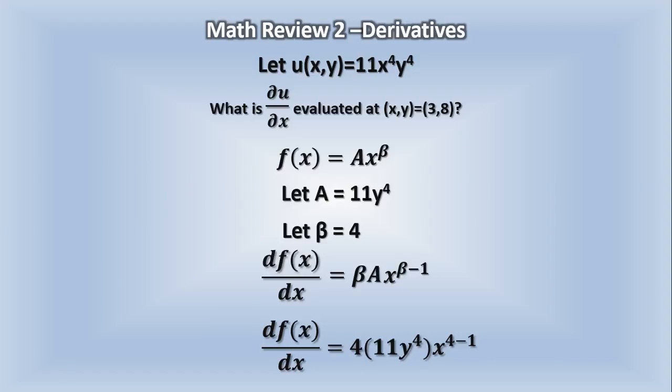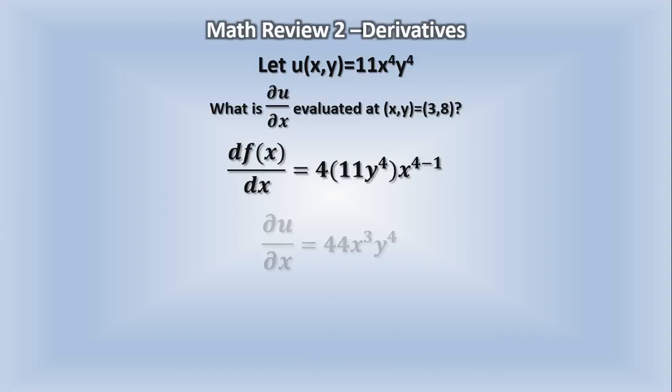So that's the only thing you do when there's an extra variable in there. You just treat it as a constant. So the partial derivative of this with respect to x is going to equal 44 x to the third power y to the fourth power. So here's the partial derivative of our utility function with respect to x. And then this can be evaluated at the point (3, 8).